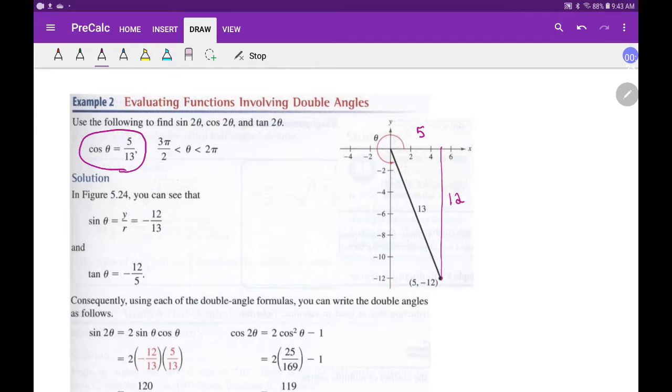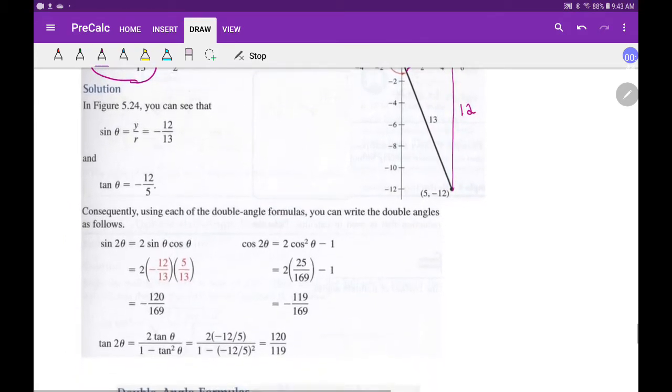And then you can see what the sine would be, and you can see what the tangent would be. Okay, fine. But that's after we draw our angle, that makes it pretty clear without thinking too hard.